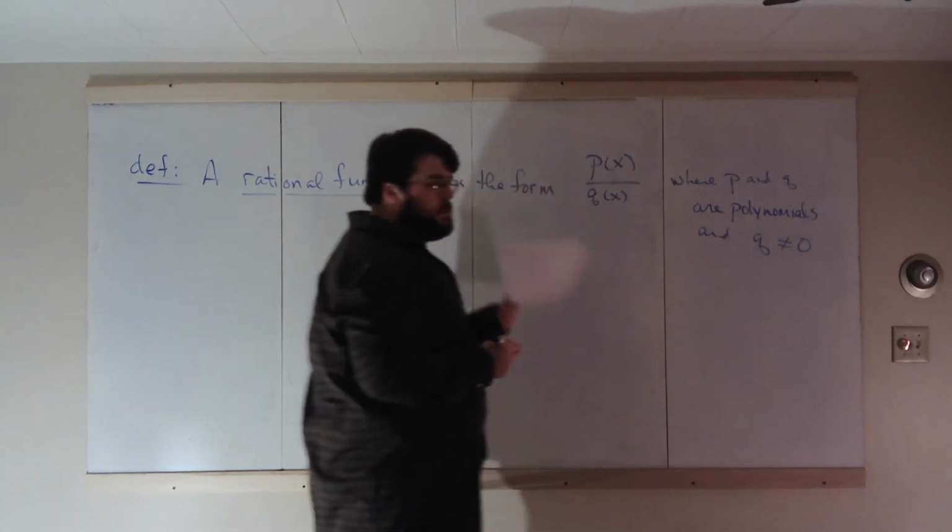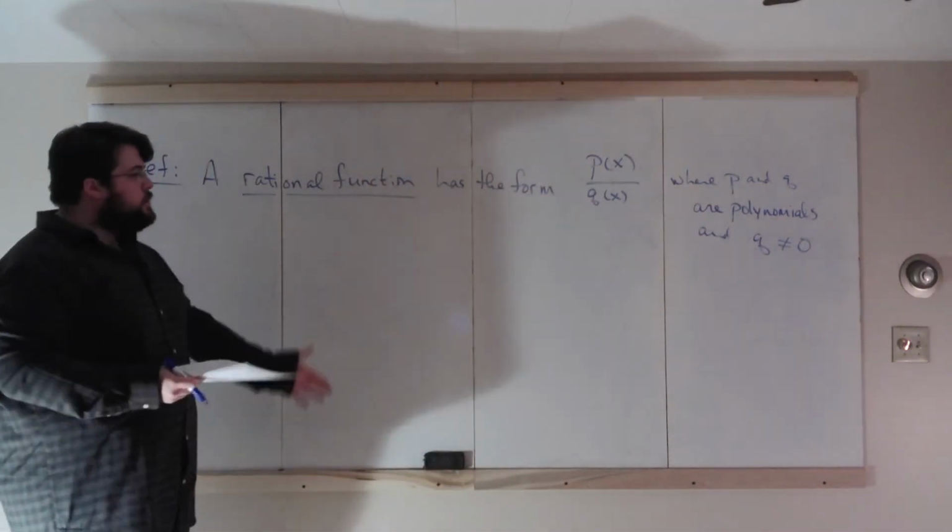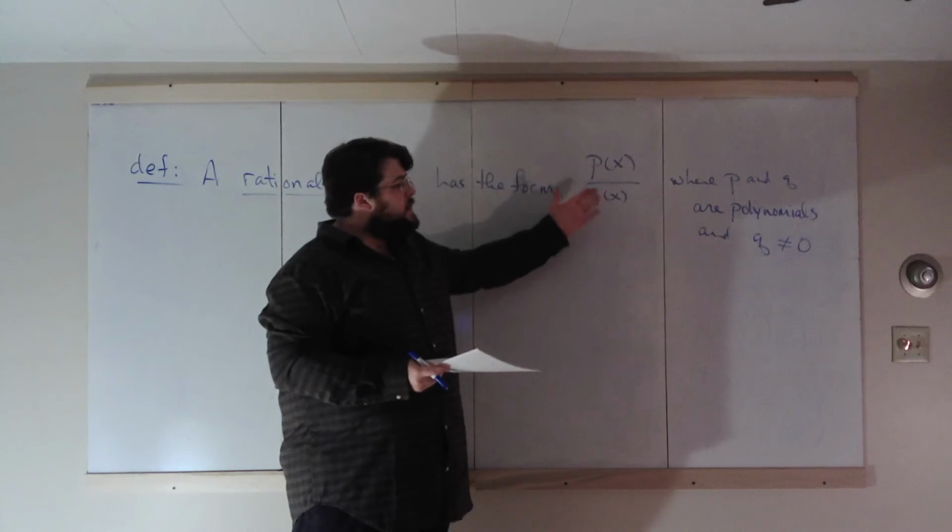I mean, we're dividing, so we can't have the bottom be 0. A rational function is a polynomial divided by a polynomial.